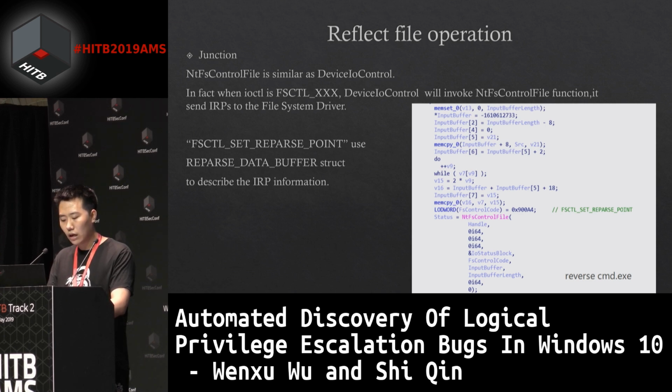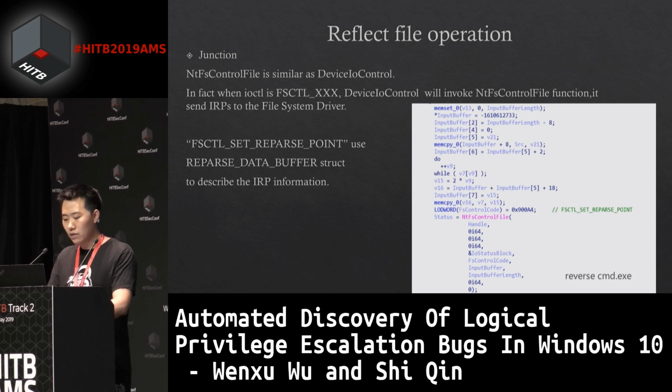As we know, the Windows API DeviceIoControl is used for communication with kernel drivers from user mode. In fact, DeviceIoControl will check the IOCTL code. If the IOCTL is FSCTL, it will invoke the NtFsControlFile function.